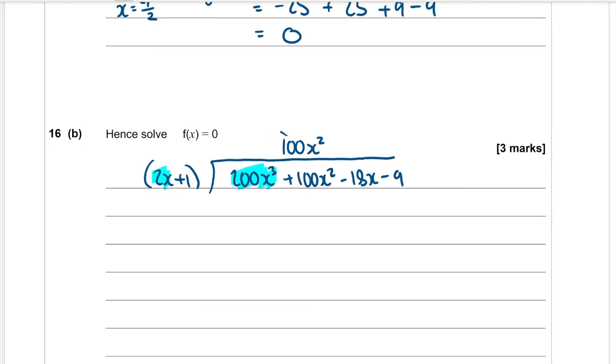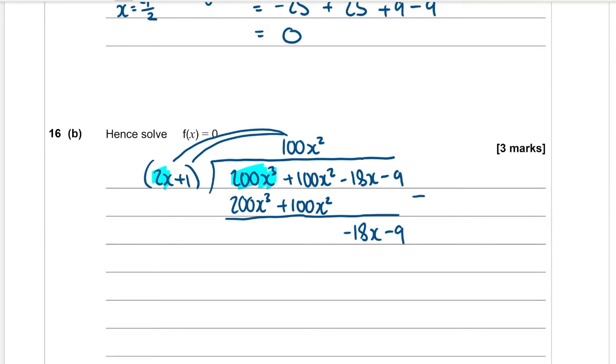I then multiply 100x squared by the 2x plus 1. So timesing it by 2x plus 1 gives me, first off, 200x cubed as expected. And next I get plus 100x squared. I draw a line across and I subtract. Now the first two terms are going to cancel out completely, so I'm just going to be left with minus 18x minus 9.